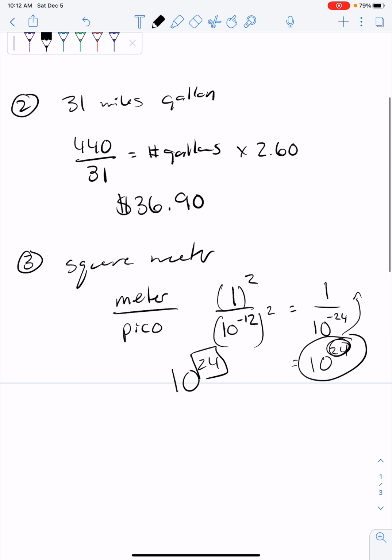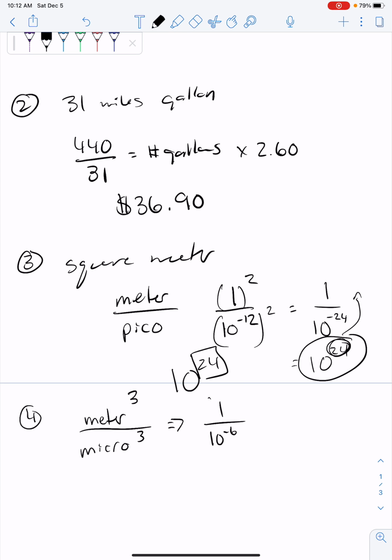Number 4 wants you to do the same thing, but it wants you to compare a cubic meter. So it wants you to compare meters cubed compared to, on mine, micrometers cubed. Well, again, the unit for meters is just 1. The unit for micrometers is 10 to the negative 6.